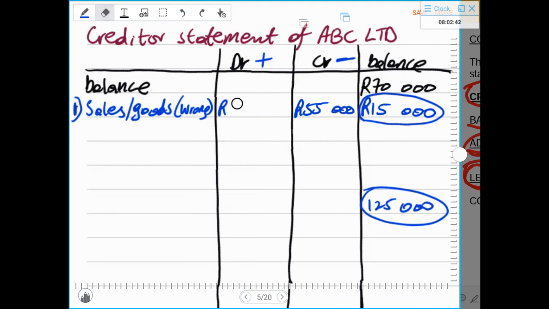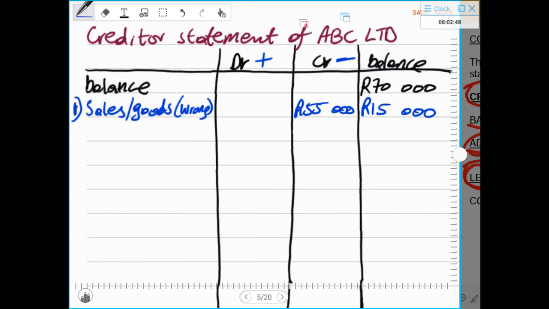So now remember, we are just doing this as an explanation. The minute an amount is recorded on the wrong side, please take note of this. If the amount is recorded on the wrong side, we need to cancel that amount by recording it on the opposite side. Then after cancelling that amount, we need to record the correct amount on the right side.